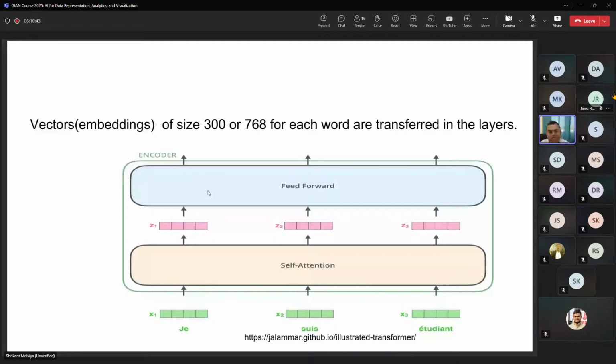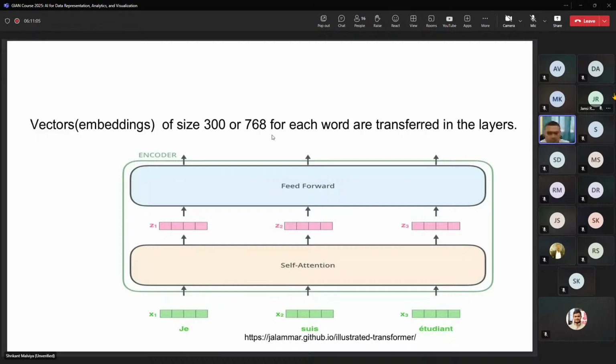There will be n such encoding nodes. The embedding size is flexible, you can set it, but if you look at the example of the transformer model BERT, it has set 768 for each word embedding as a standard size, and it works better for many examples.